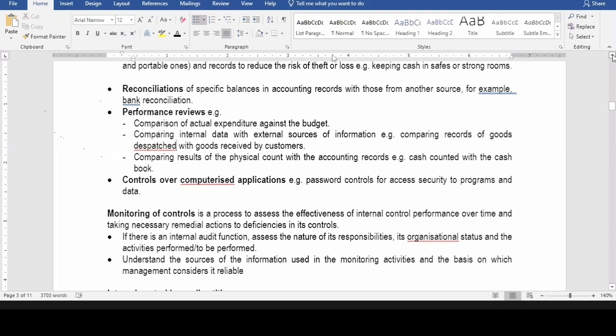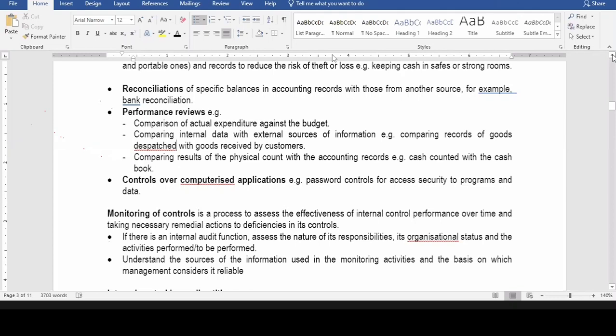Monitoring is the process to assess the effectiveness of internal control performance over time and take necessary remedial actions to address deficiencies in its controls.